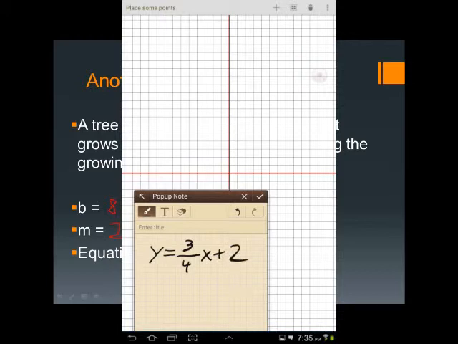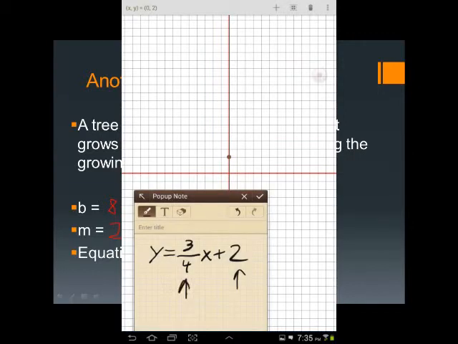Okay, well I'll start, my y-intercept is 2, so at 2 on the y-axis, it is the y-intercept. I'll put the dot. Now I need to count off my slope of 3/4.